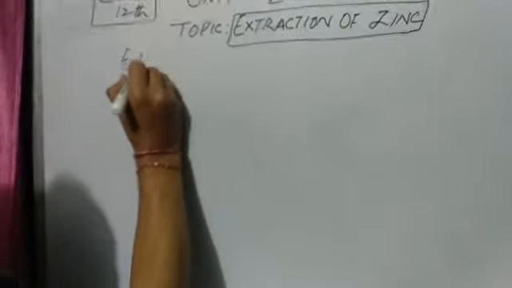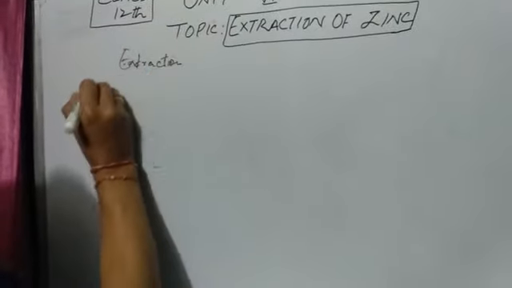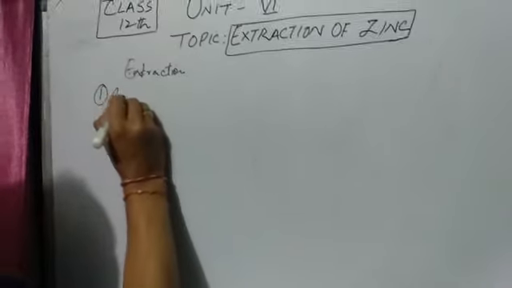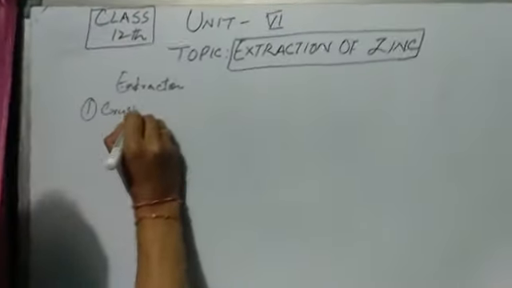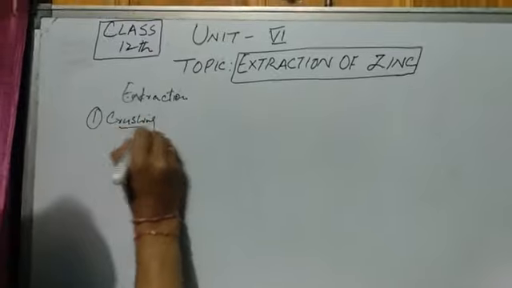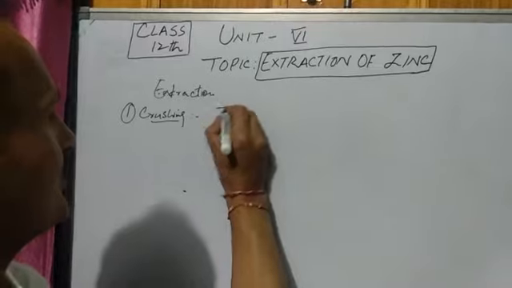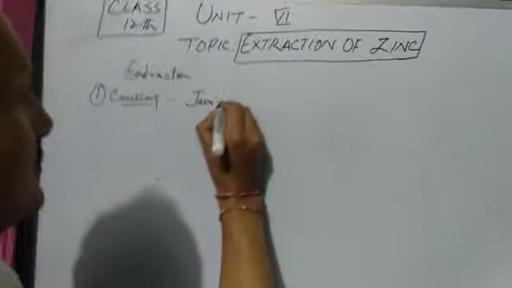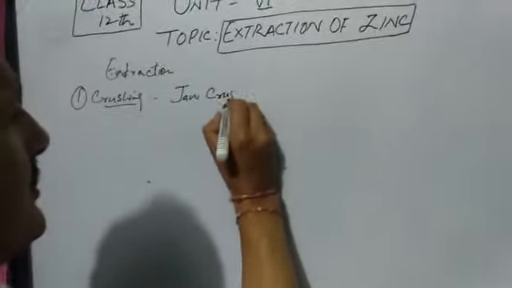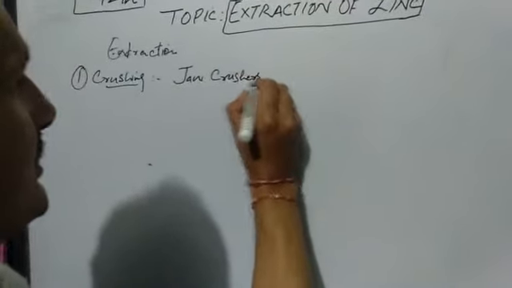Now for extraction, as you know, there are some steps to be followed. The first step is a very common step in extraction. First step you know is crushing. What we do in this step, we take zinc blende, we crush it in jaw crushers. This is mechanical crushing.